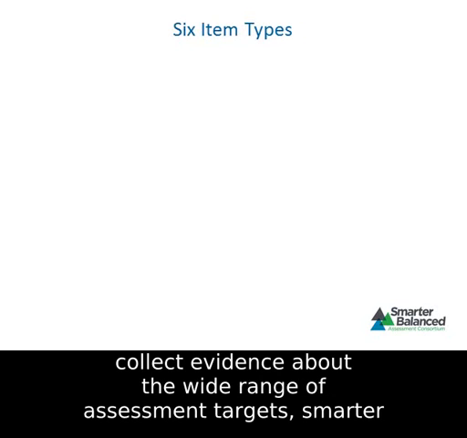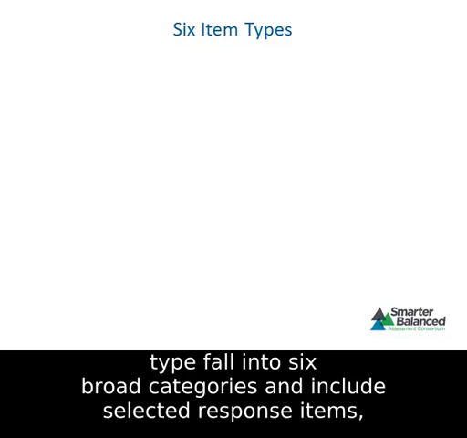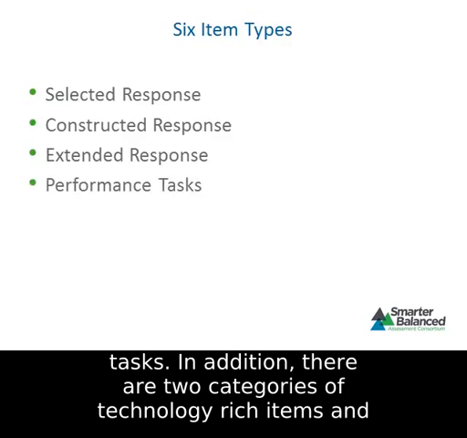To collect evidence about the wide range of assessment targets, Smarter Balanced will use a variety of item and task types. These item and task types fall into broad categories and include selected response items, constructed response items, extended response items, and performance tasks.